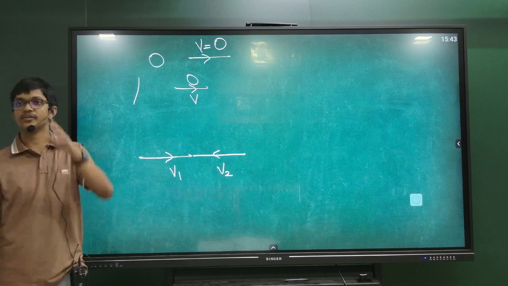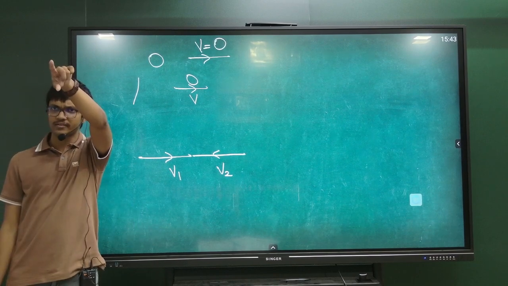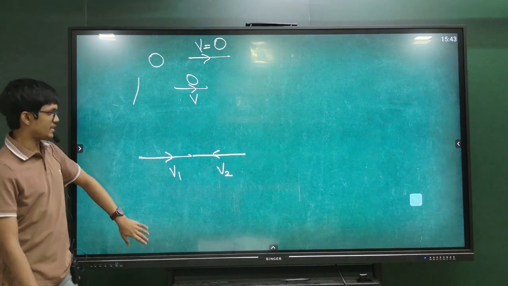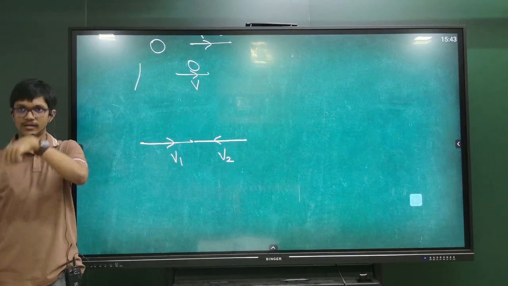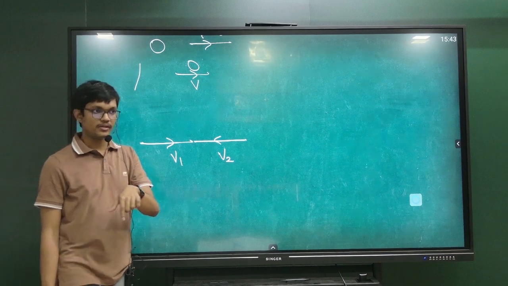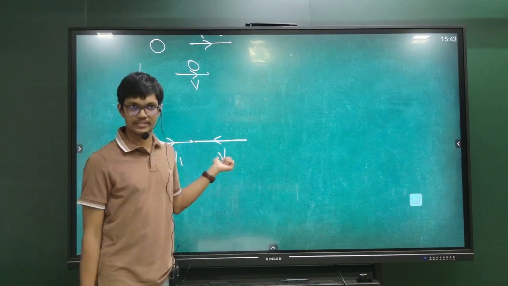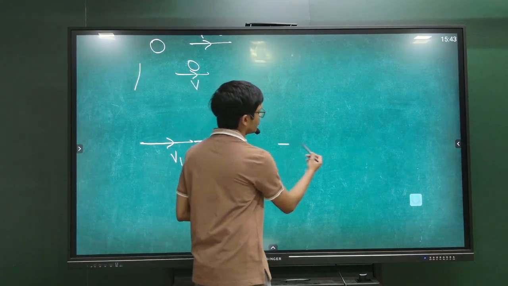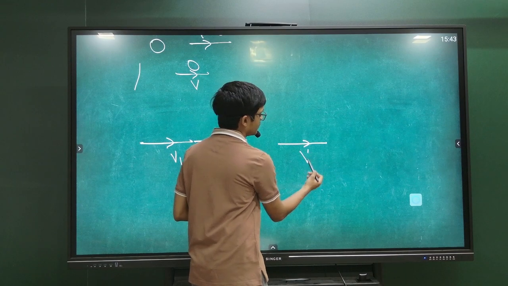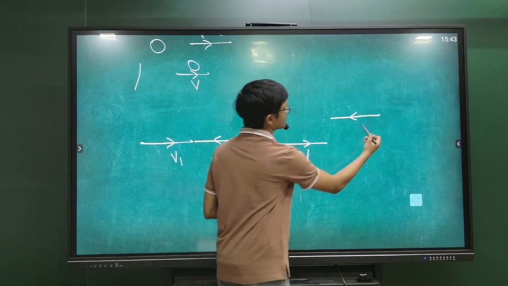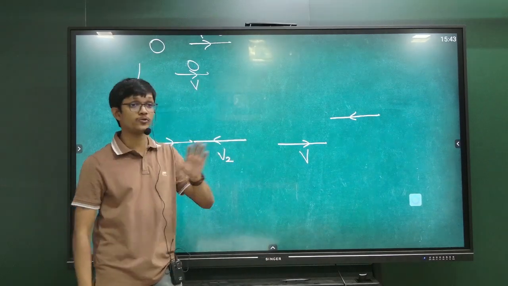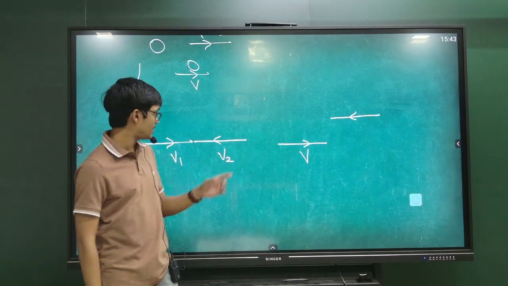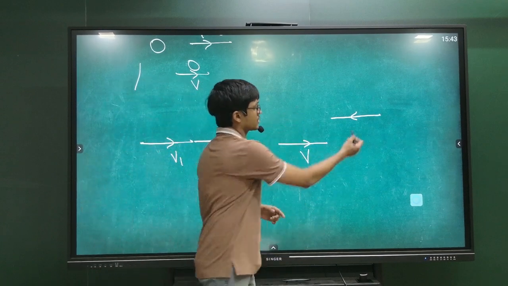Why? They were talking about vectors, right? Not forces, right? Vectors. Someone asked me, if there are two vectors, how do we know whether they are parallel vectors or not? How do you know whether they are in the same line or not?